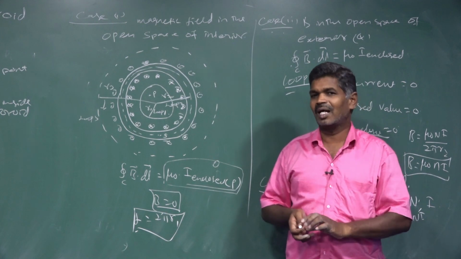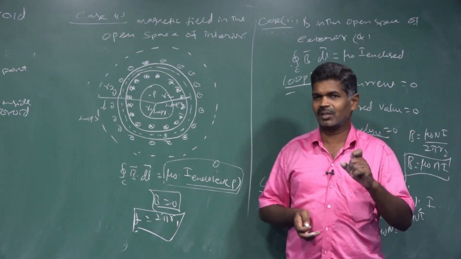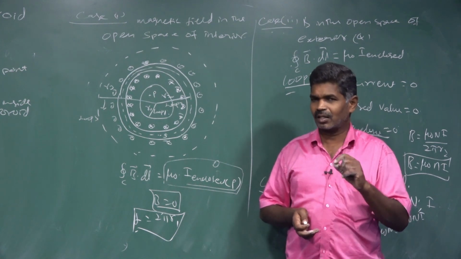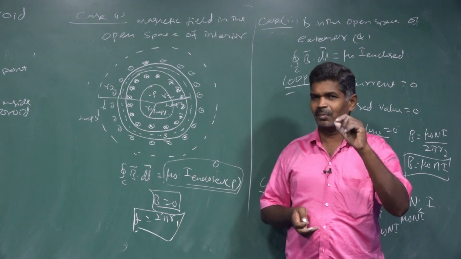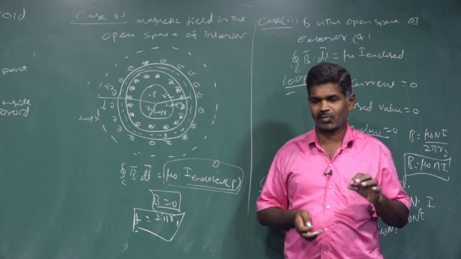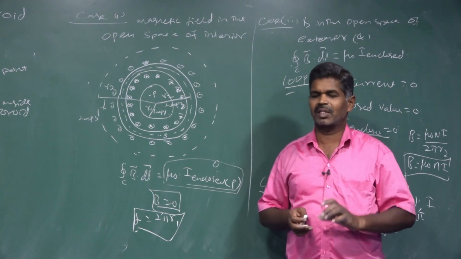It is the same formula as the solenoid, B is equal to mu naught nI. But in our solenoid, small n, the number of turns per unit length, is N by capital L, whereas for a toroid it is N by 2 pi r, the perimeter of the circle.